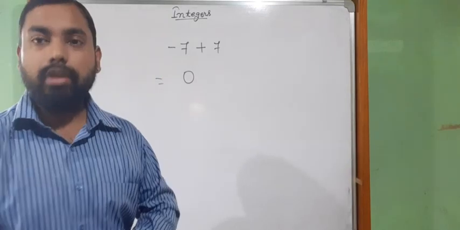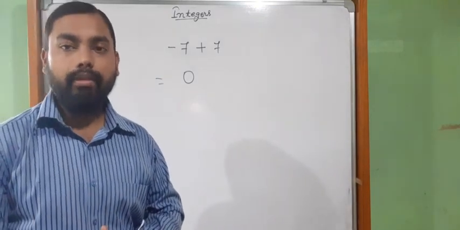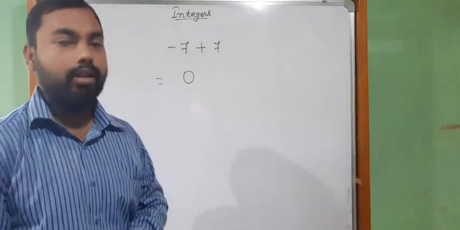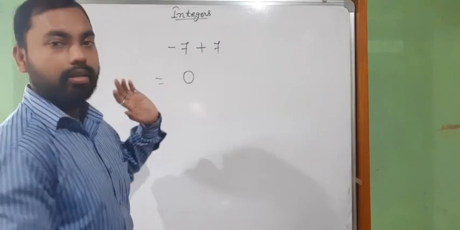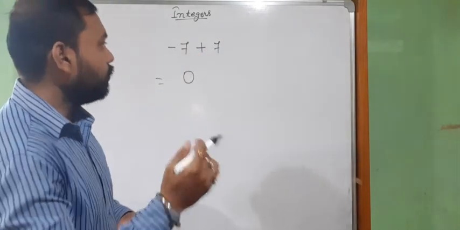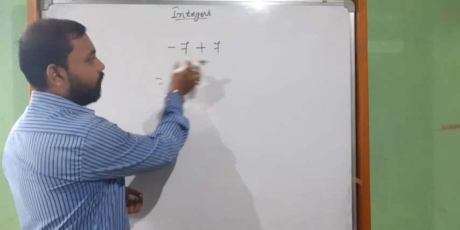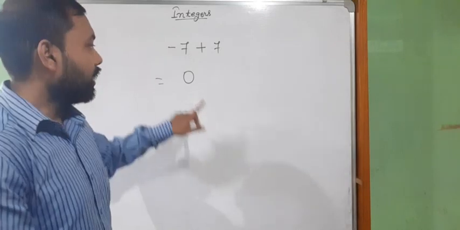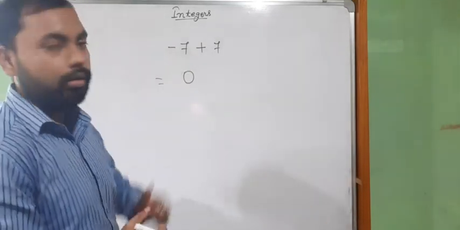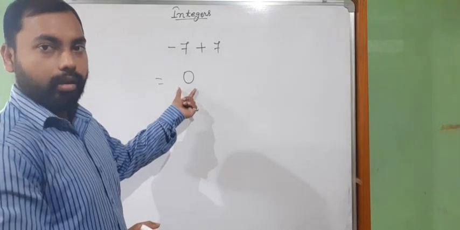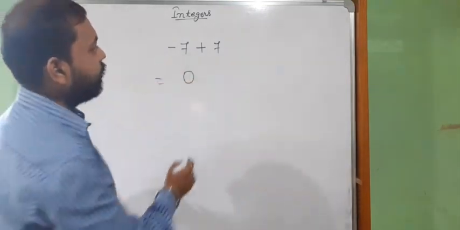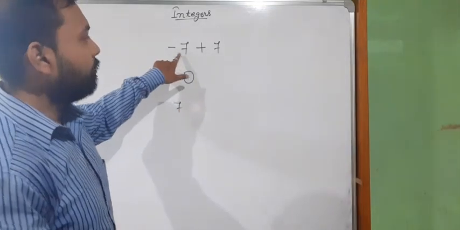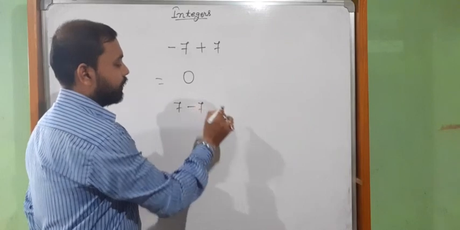Now the thing is, what sign will you give here? There will be no sign, because 0 has no sign. 0 is neutral, so we can't give any sign here. So -7 plus 7 is 0. Some of the students may get confused about how it is 0. If I write the same numbers this way, +7 I have written before, and here it is -7, which I have written afterward.